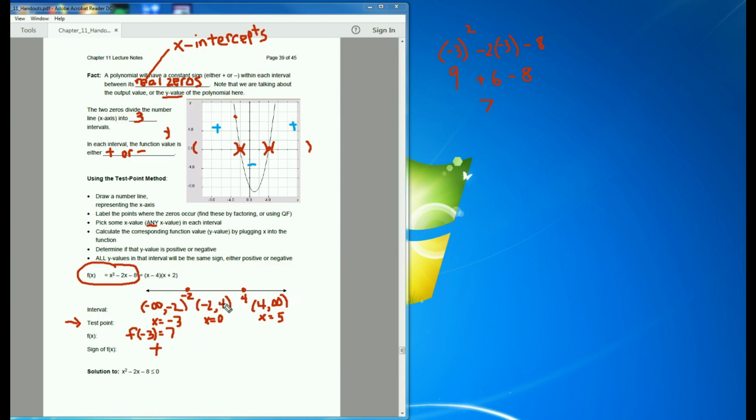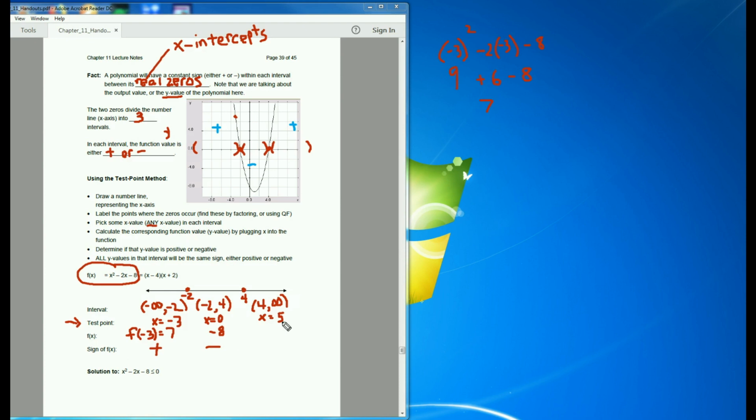For our middle interval, x equals 0, always pick that unless it's a zero because it's easy. 0 squared minus 0 minus 8 is just -8. So f of 0 equals -8, and obviously the sign of the function is negative.